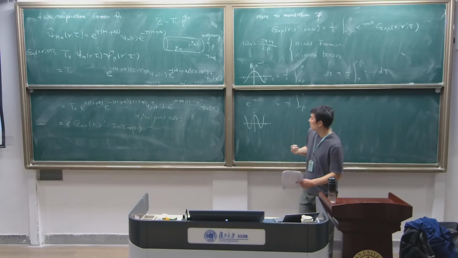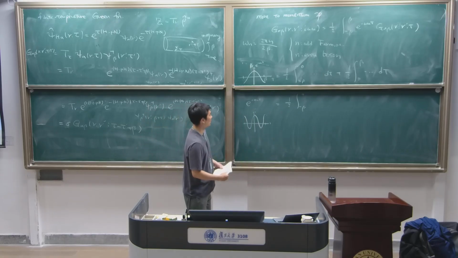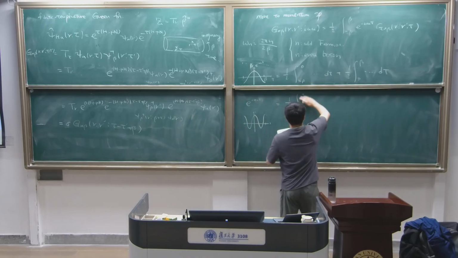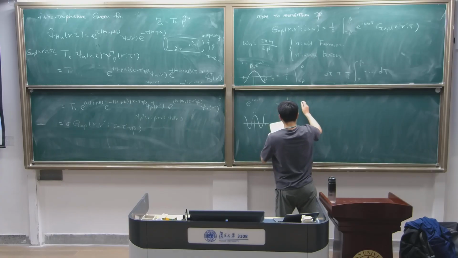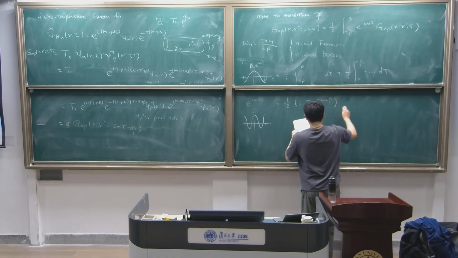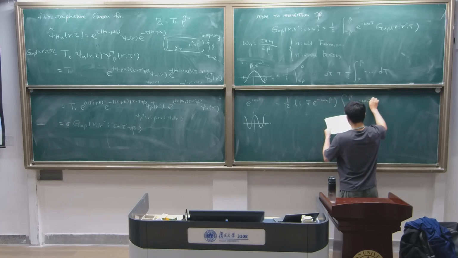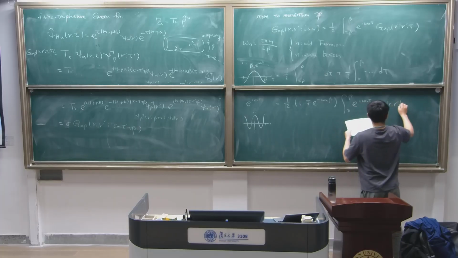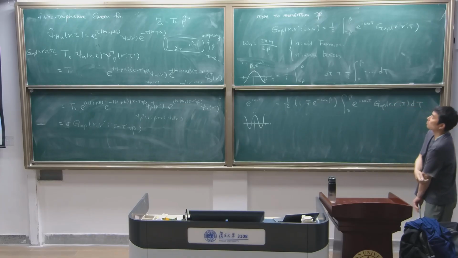Yes. Because of that, if you swap the 0 to minus beta, you can just swap different folds. 1/2 of 1 minus plus e to minus omega n beta, and then 0 to beta e to the I omega n tau, and then g alpha beta r and r prime and tau, d tau.